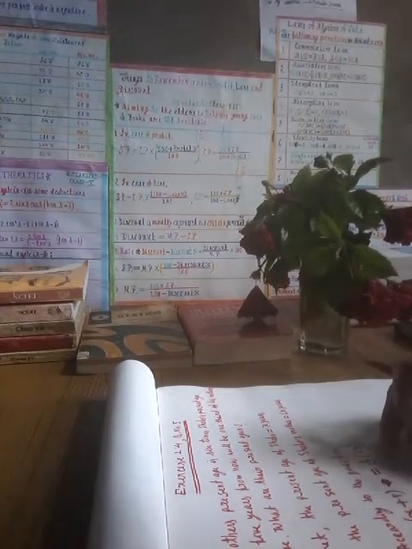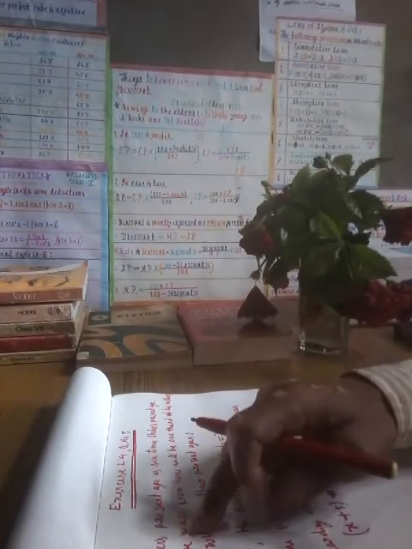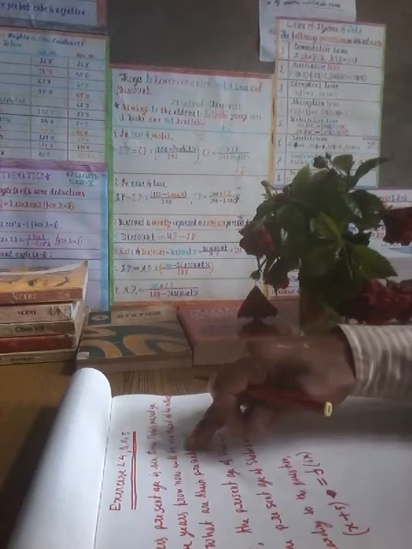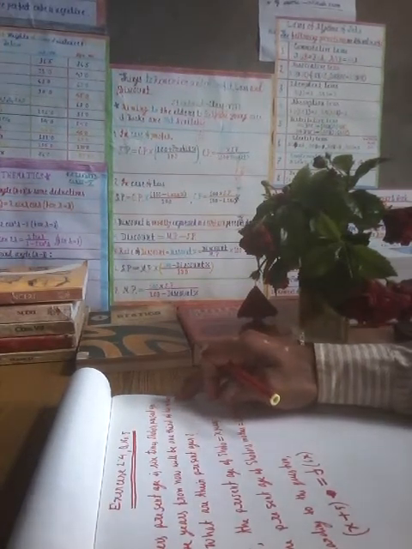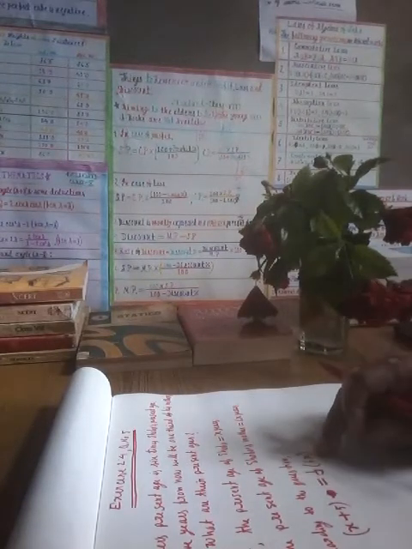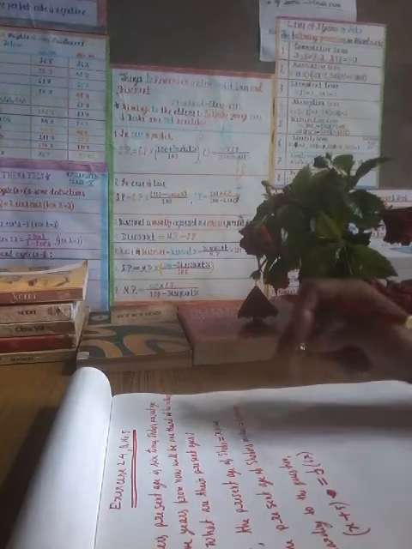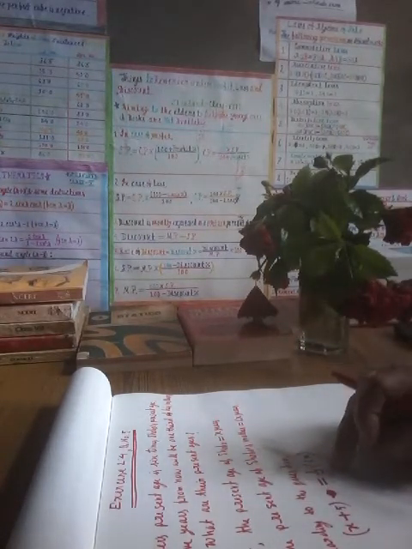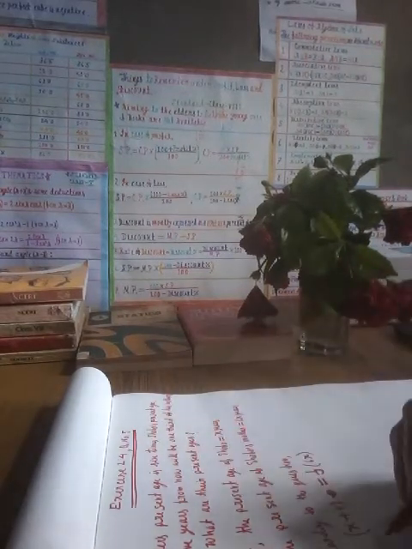So this is the linear equation formed according to the second part of the question: Subhu's age 5 years from now will be one third of his mother's present age. This is the required linear equation from which we will find out the value of x.